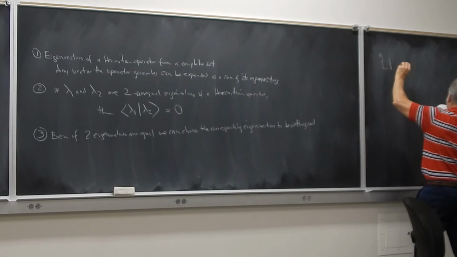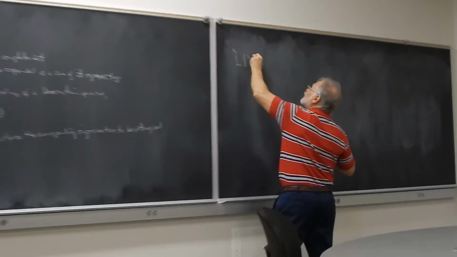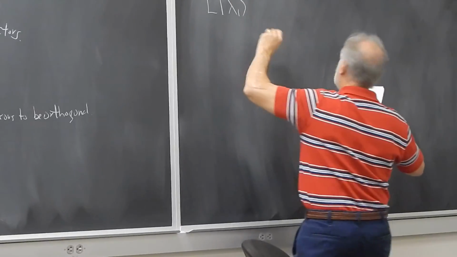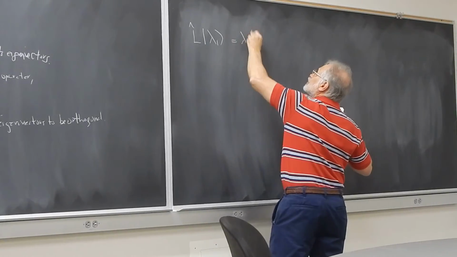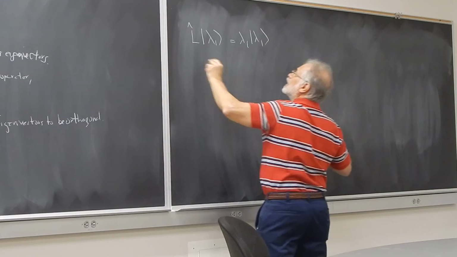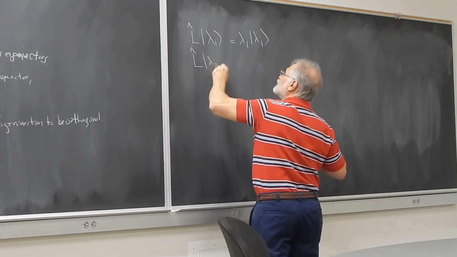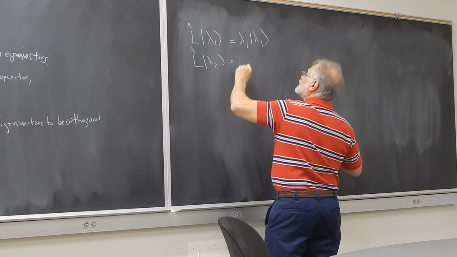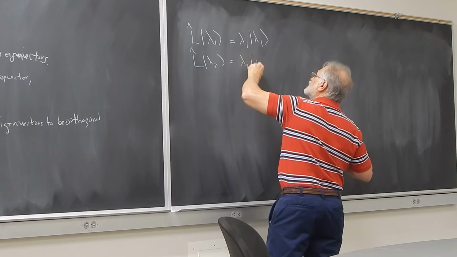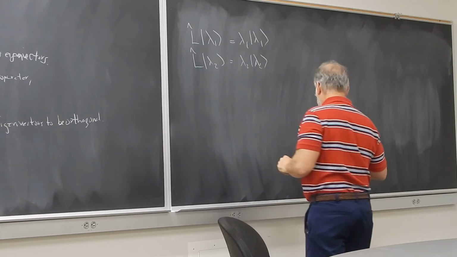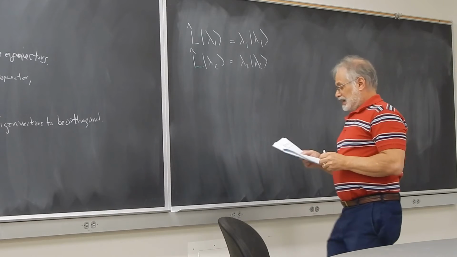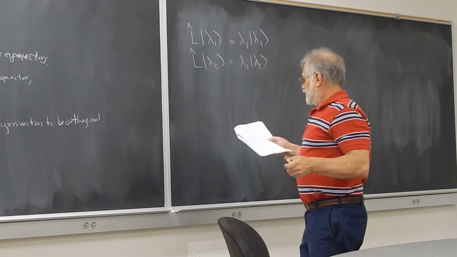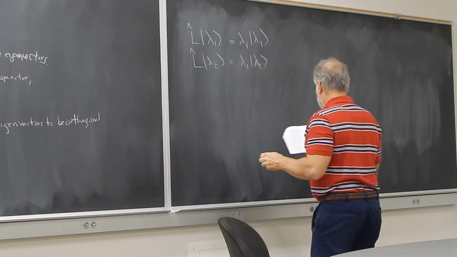So let's use L as our Hermitian operator. Apply to ket lambda 1, eigenvector lambda 1 equals lambda 1 ket lambda 1. L applied to lambda 2 is equal to lambda 2 times eigenvector lambda 2. Now, since L is Hermitian, let's flip the first equation.